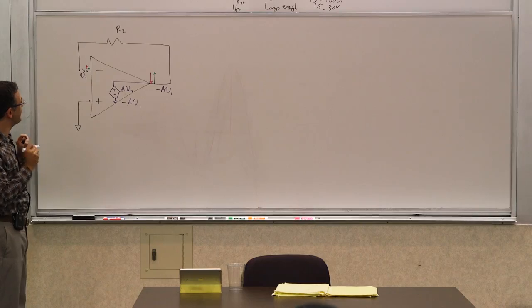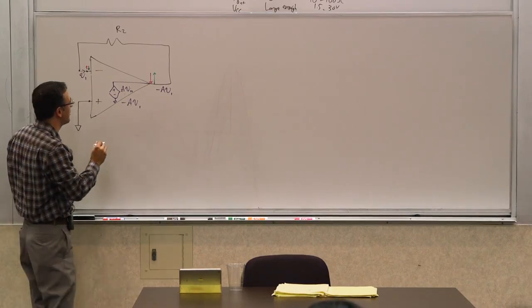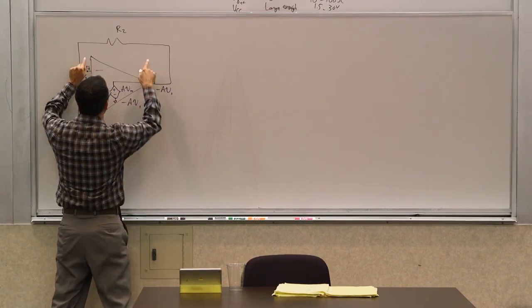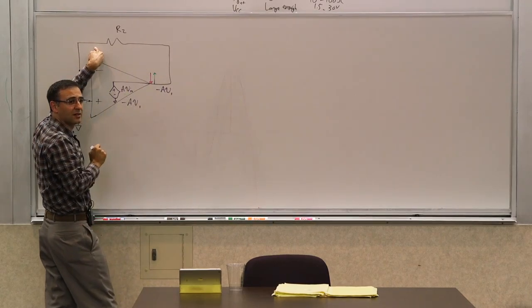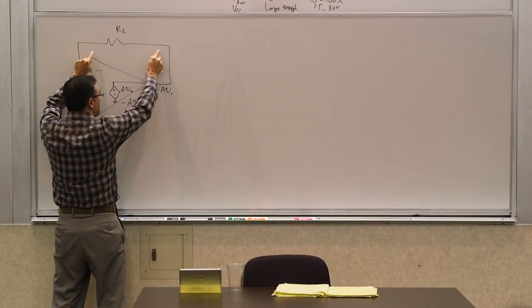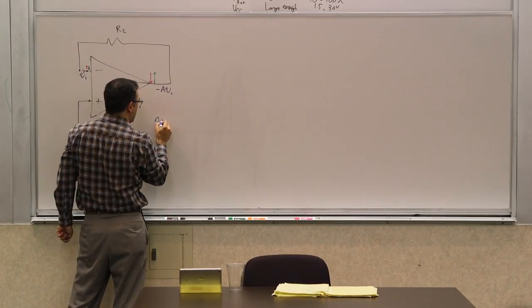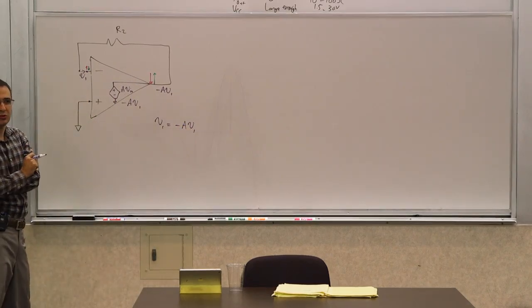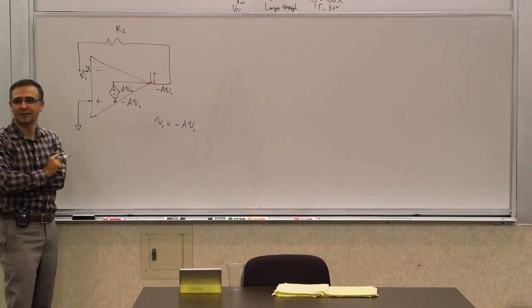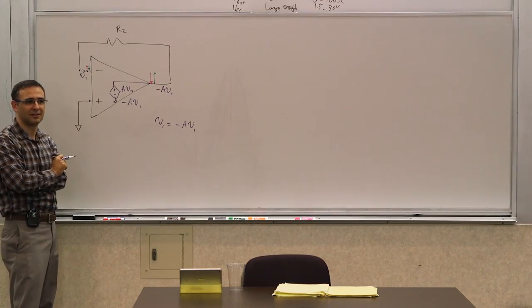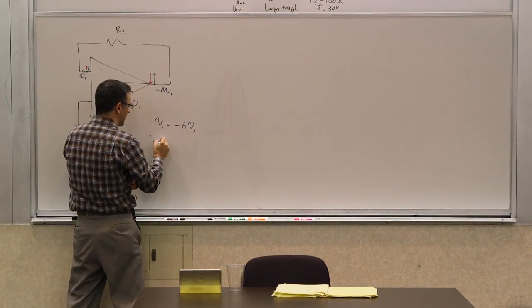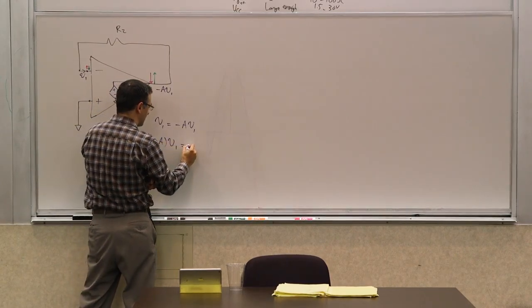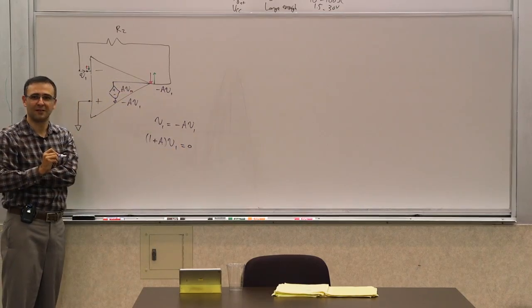So if that current is 0, what is this going to do? So we have these two. What is the voltage across this resistor if its current is 0? 0. So these two voltages have to be equal, right? So it says V1 equals negative A V1. What is the solution to this equation? There's only one. What's the solution? No. Let me just write it slightly differently. Maybe it helps you.